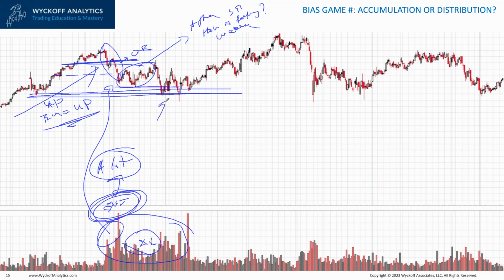And look how we're breaking into the minor sign of weaknesses here, and obviously a local spring. Okay, so is this minor sign of weakness a strength or weakness? Weakness.